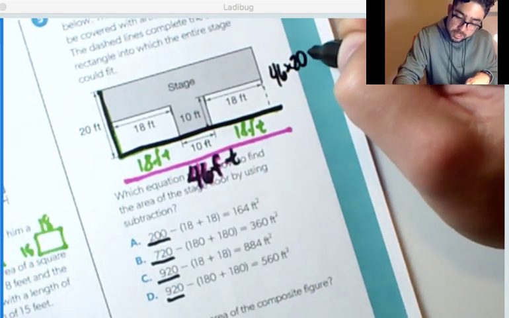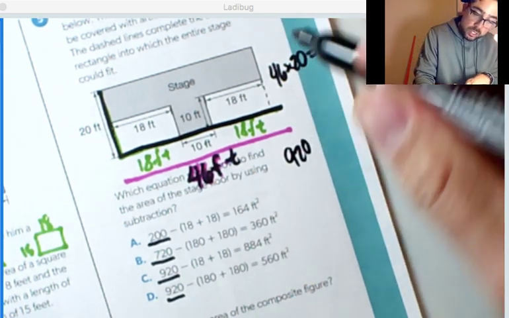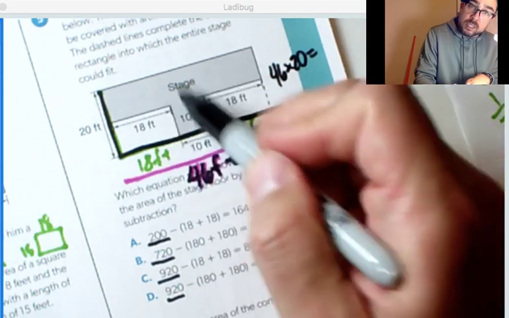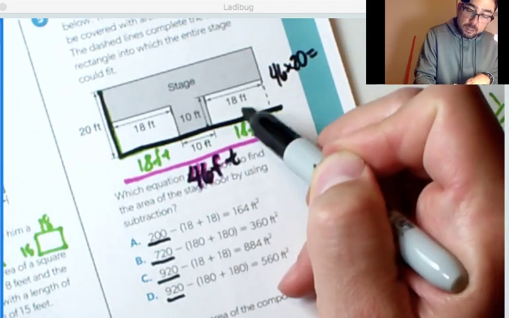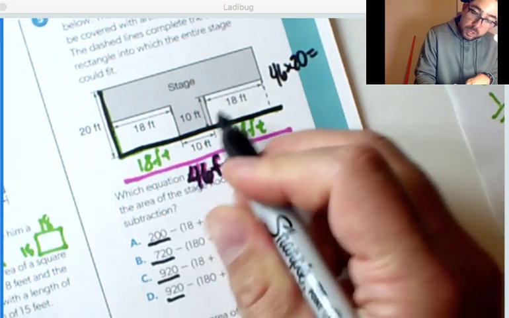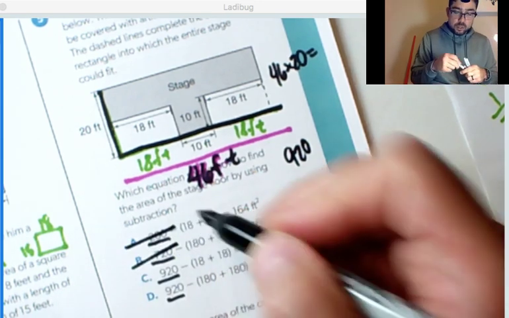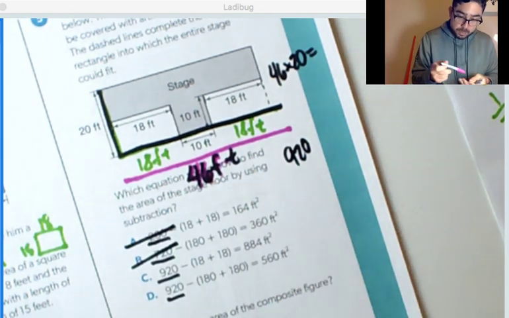If I multiply 46 by 20, I get 920. So the entire area of all of this, even these empty spaces, would be 920. I know that we're going to be subtracting these two empty spaces from the 920. I can get rid of A and B, which leaves us with the next part.